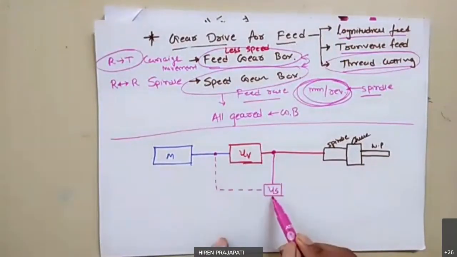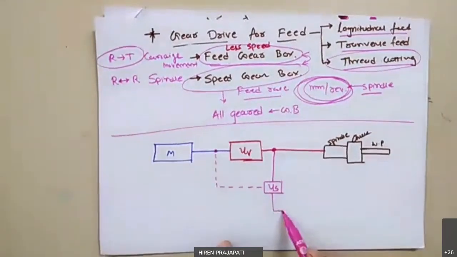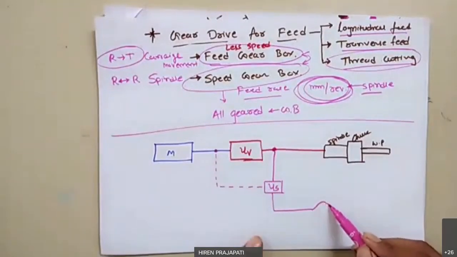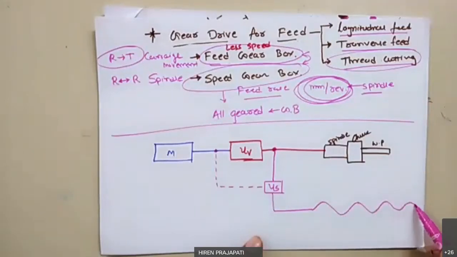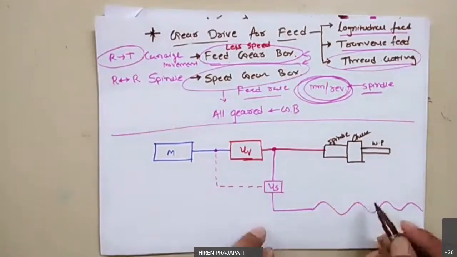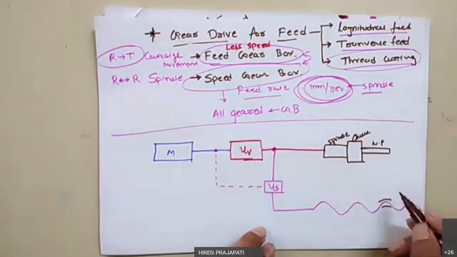So this is the feed box. Now from the feed box, motion is transmitted to the lead screw. So this is suppose the lead screw, right? And on the lead screw, through the half nut, the carriage is connected.